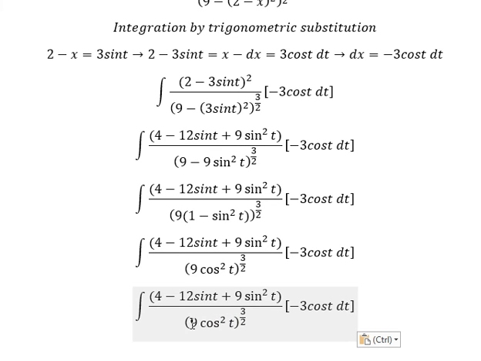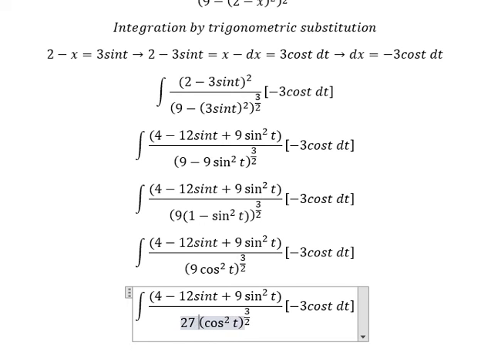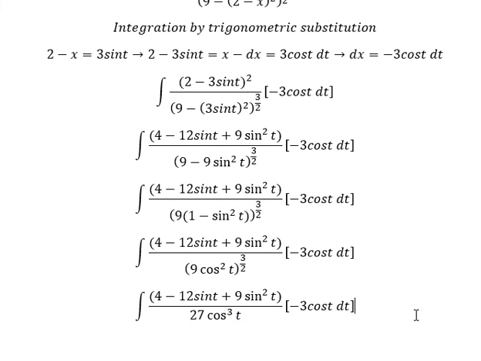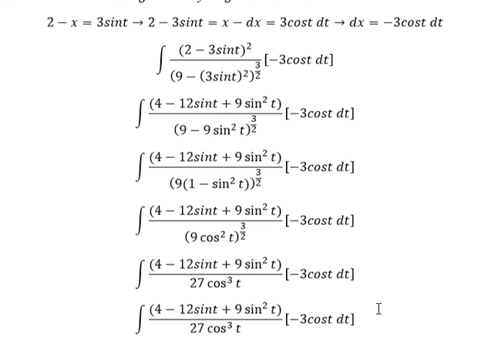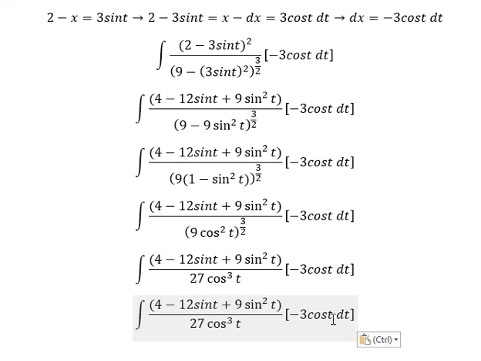Next, 9 with the power 3 over 2, we have 27. Cosine t square to the power of 3 over 2, we have cosine t to the power of 3. Next, we need to simplify 3 cosine t on numerator and denominator.